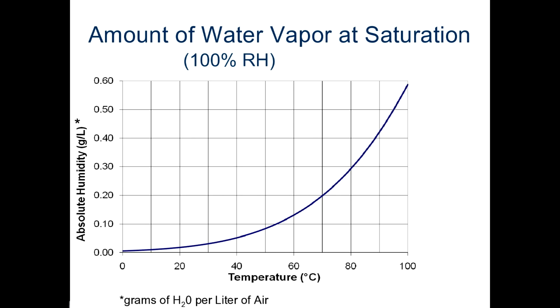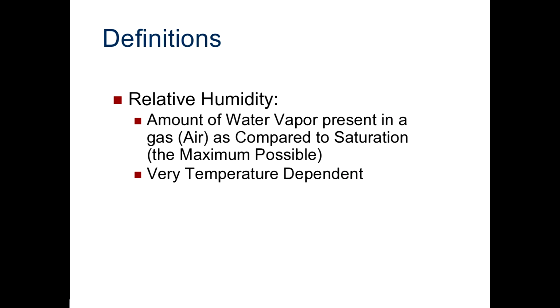At about 20 degrees C, or room temperature, we see that the air can hold about 0.02 grams of water vapor per liter of air. So relative humidity is the amount of water vapor present in the gas or air as compared to the maximum possible. It's very temperature dependent.